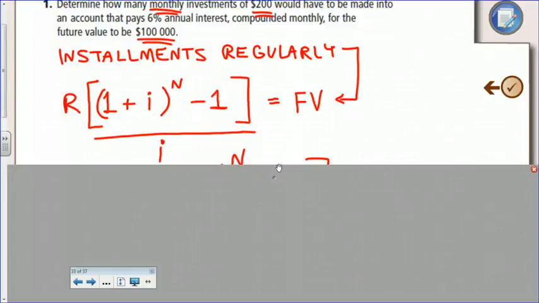So what do we put in for R? What's the regular contribution? Rouse? 200 goes in for R.